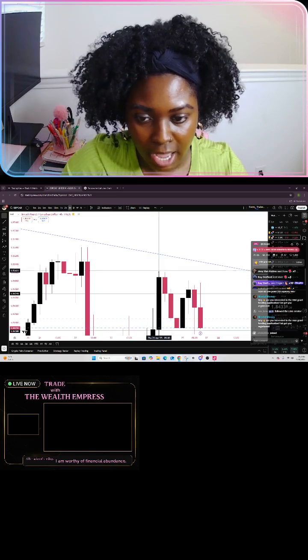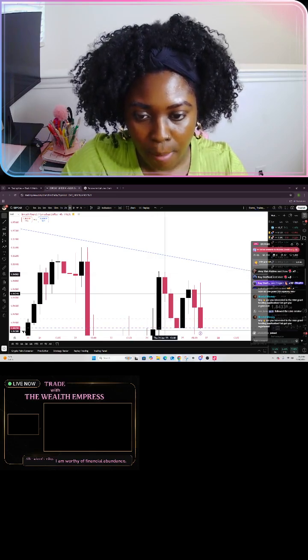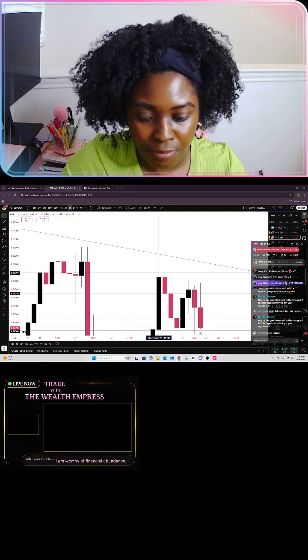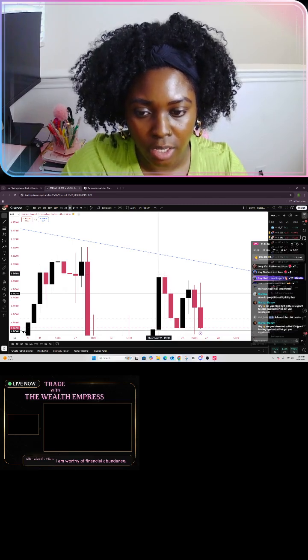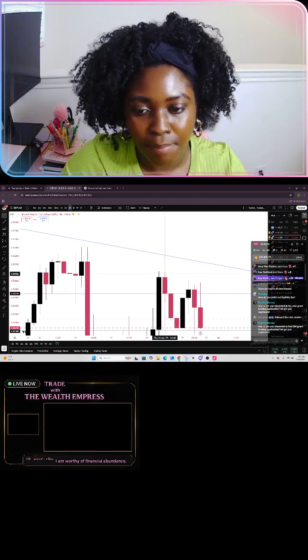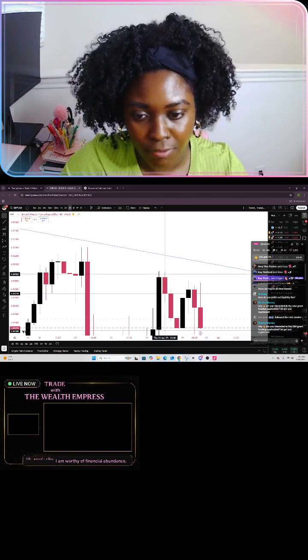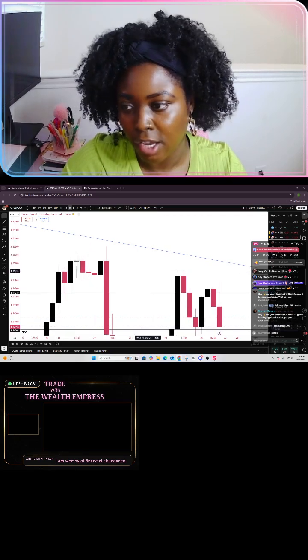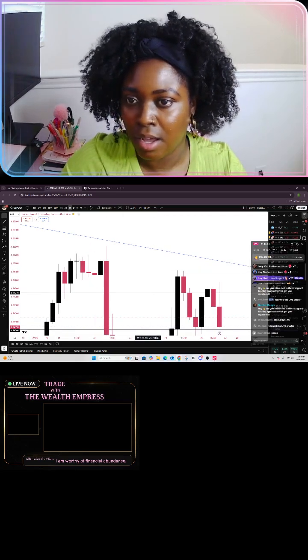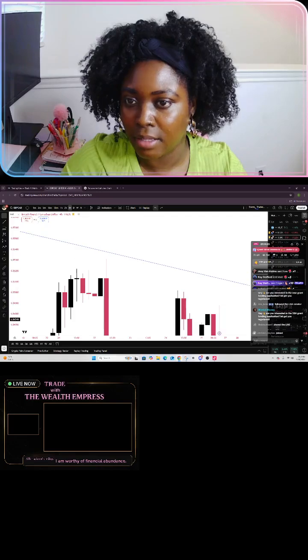You see how that's higher than this one, but this one isn't higher than that one? You want that second one to always be lower than the first one, because that means that it wasn't ran. If this one was higher, then it means that it ran that one, and you don't want that to happen. Let me put my line back.